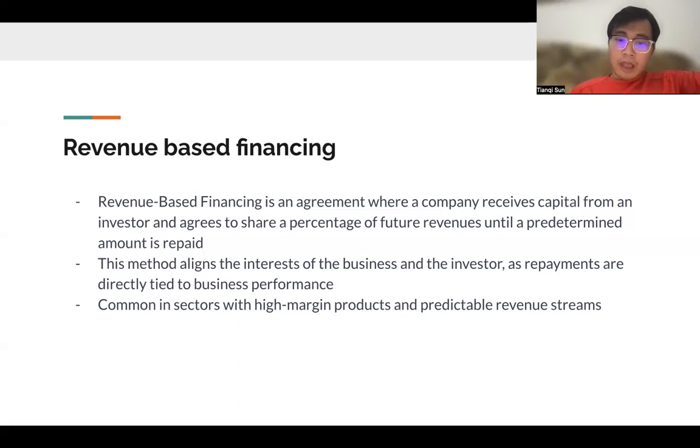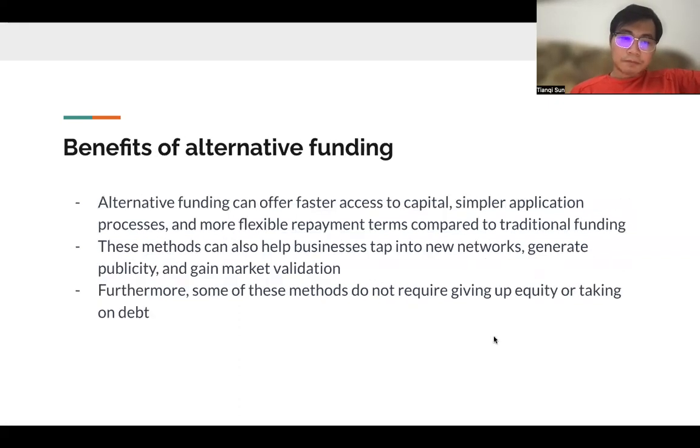This is basically a high margin product, and it has a predictable revenue stream and it's growing. So they consider revenue-based financing. That's just an example.